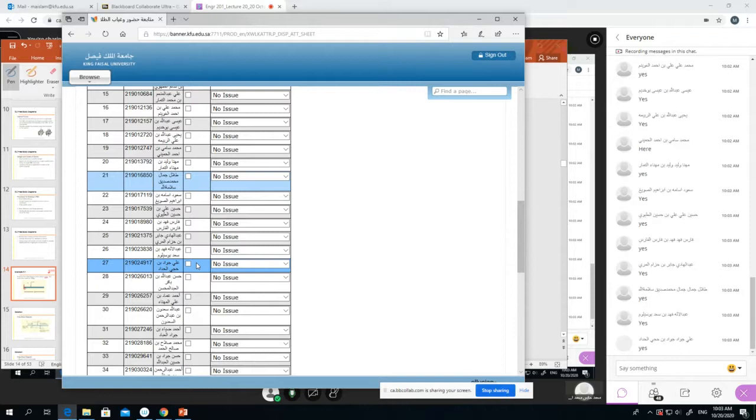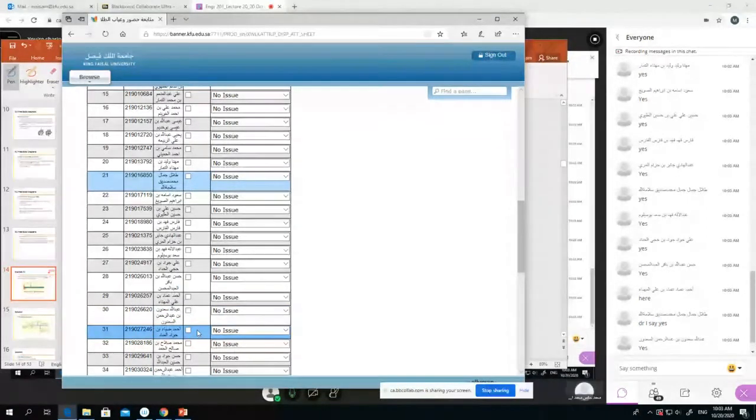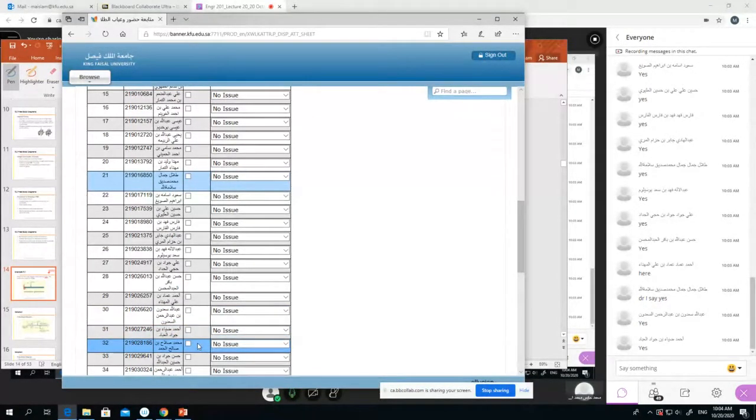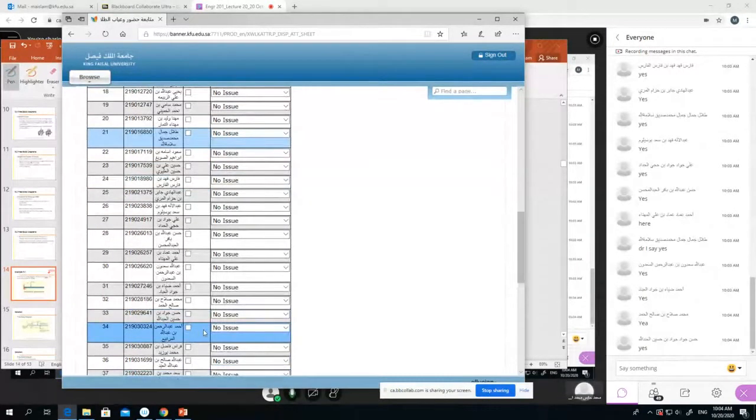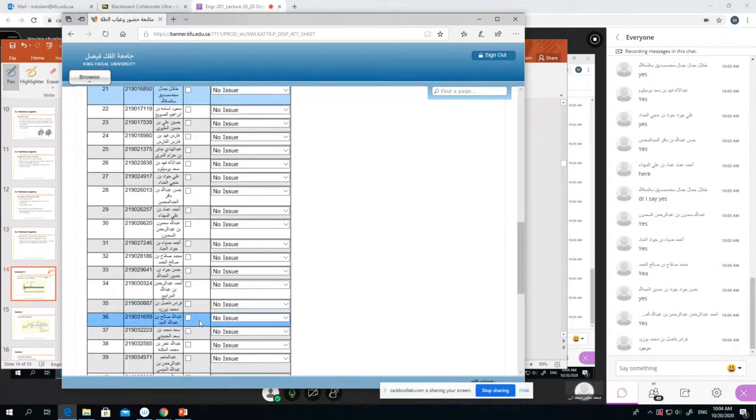Ali Jawad bin Haji, Hussain Abdullah, Ahmad Imad, Abdullah Saadul, Ahmad Dia, Muhammad Salah, Hussain Jawad bin Hussain, Ahmad Abdul Rahman, Faras Fadel, Abdullah Saleh bin Abdullah Saleh.